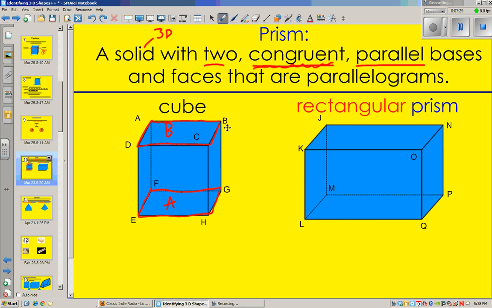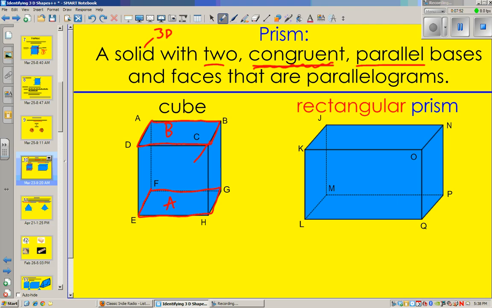Now, if I look at them, will they ever intersect? If I extend these faces out, if I make these 2 square faces bigger and bigger, or I start extending their lines out, are they ever going to intersect? And if you look at them, they won't. They're like train tracks.